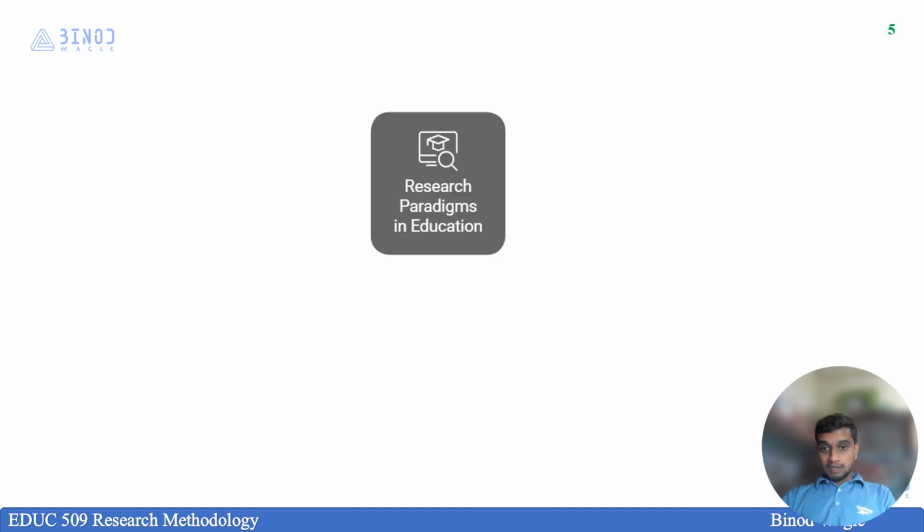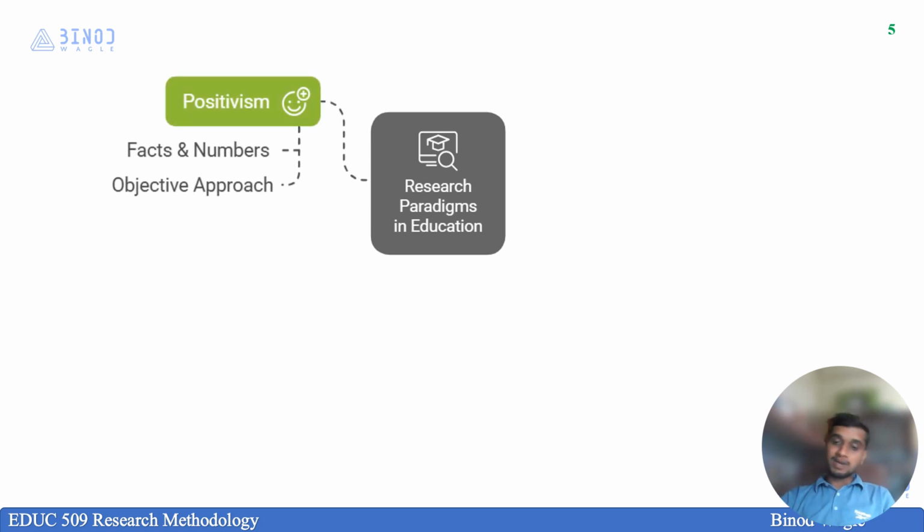Okay, then let's go to the research paradigm. First one is positivism. Positivism always uses facts and numbers. This approach is an objective approach. The research is conducted only in the laboratory field.